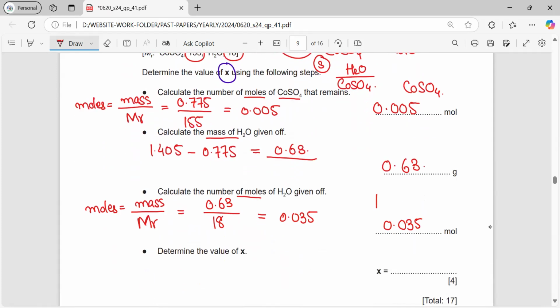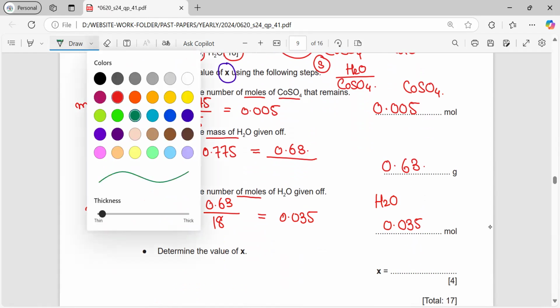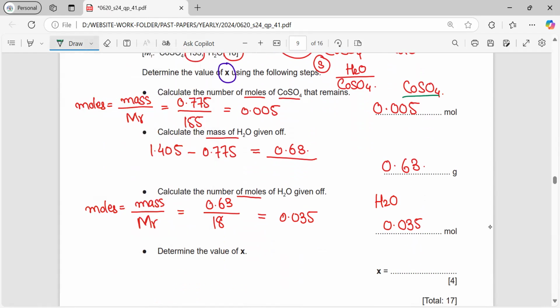Now here we have the moles of water. To find the value of X, we'll do the moles of water divided by the moles of cobalt sulfate. So we'll do 0.035 divided by 0.005.